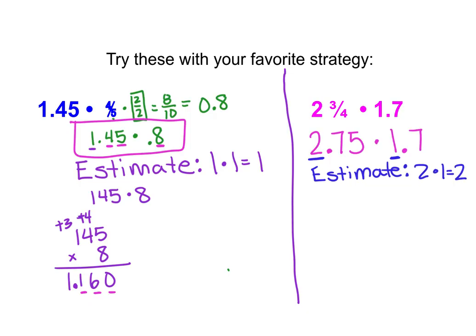So our estimate is going to be close to 2, but it will be larger than 2 because 2.75 is more than 2, and 1.7 is more than 1. We're going to take the decimals out to make our equation. So it'll become 275 times 17. Go ahead and do that in any way you want.